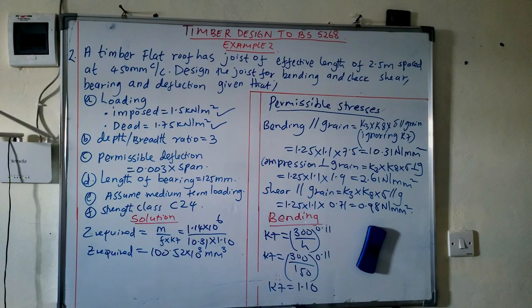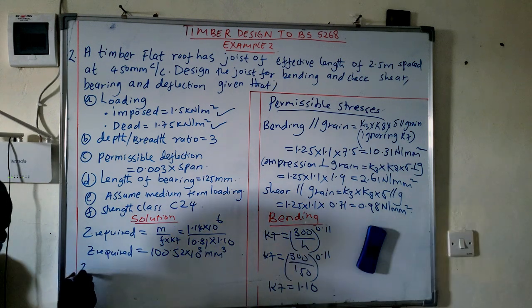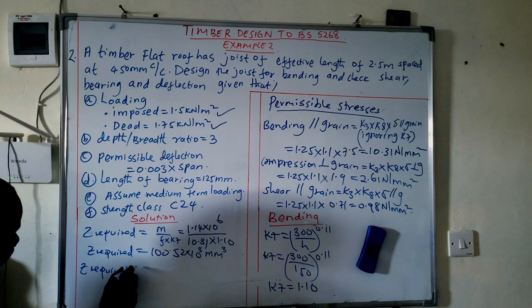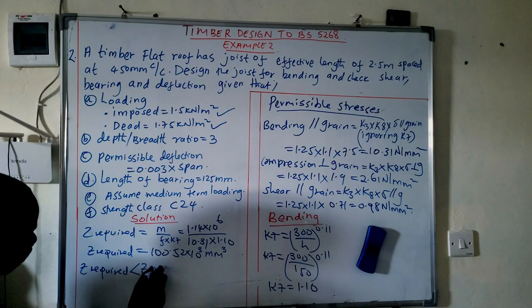So if you compare this with the previous one, you realize that Z required is less than Z provided.